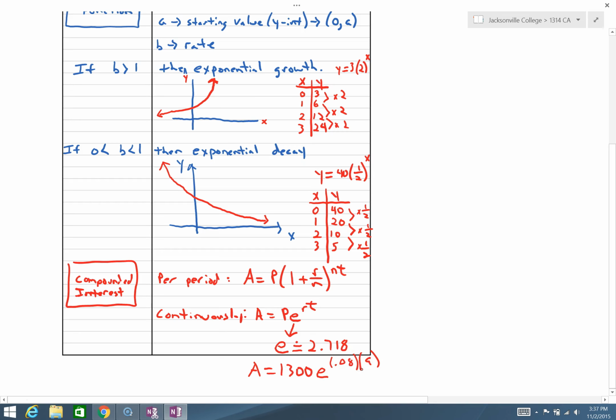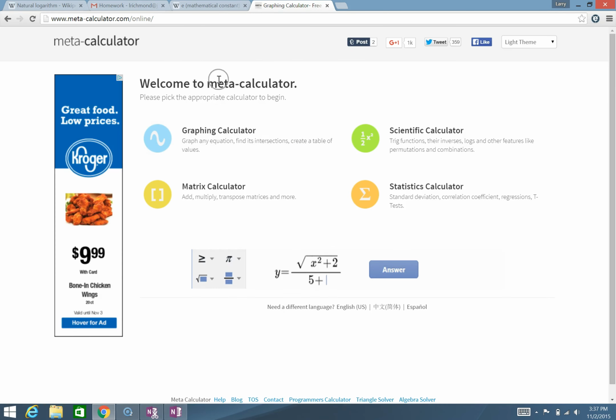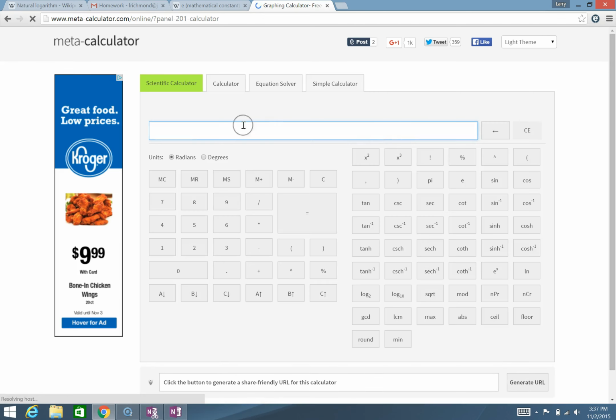I'm going to use our MetaCalculator scientific calculator. So back to the original screen, MetaCalculator. Instead of graphing calculator, although we could use our graphing calculator to find it, I'm going to go to scientific calculator. And I'm simply entering in 1,300 times, now I want that special number e, and any scientific calculator will have it. Here you see it, e to the power of x.